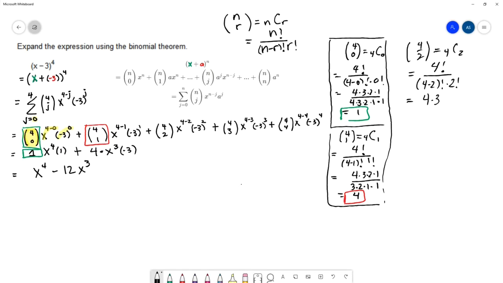That's 4 times 3 times 2 times 1. 4 minus 2 is 2. 2 times 1. And 2 factorial is 2 times 1. So we could cancel out 2 and 2, make 4. So we have 3, 2, 1, that's a 6. So this 4 choose 2 works out to be a 6. 6x squared. Negative 3 squared is 9, so we get 54x squared.